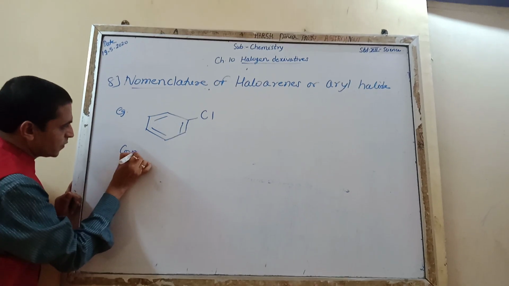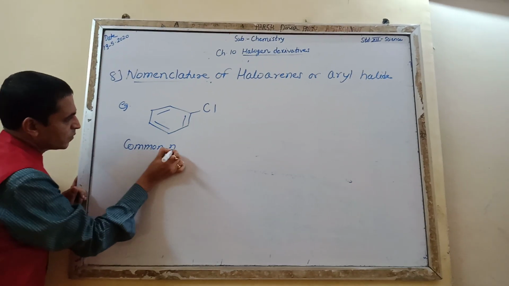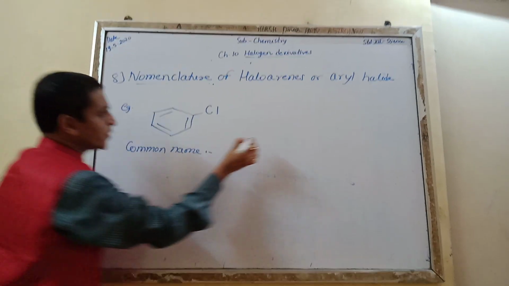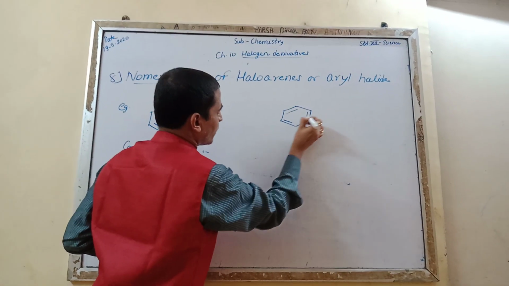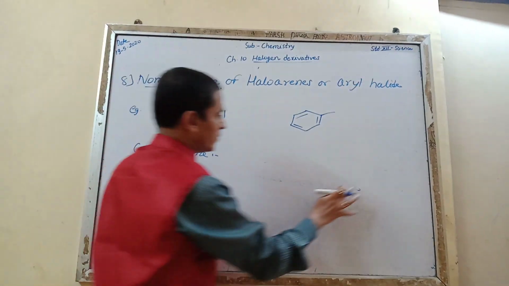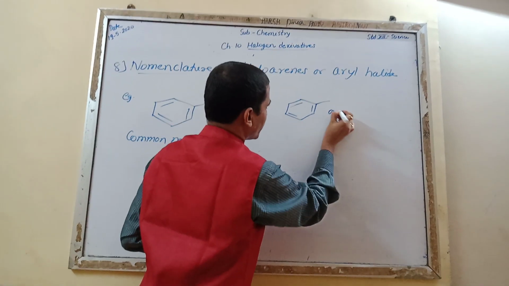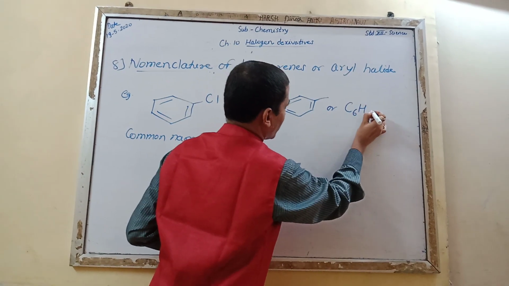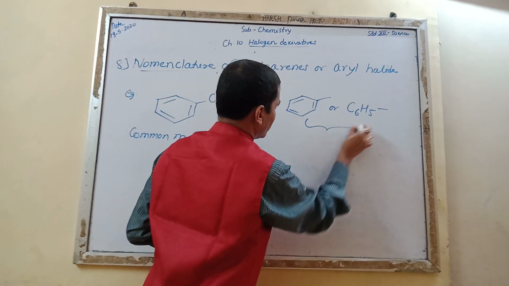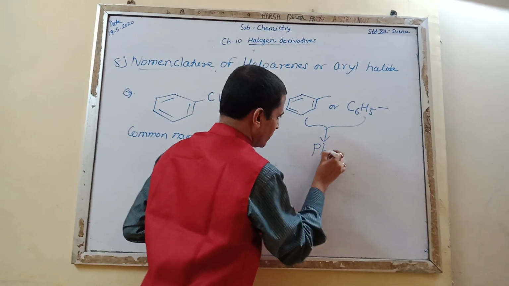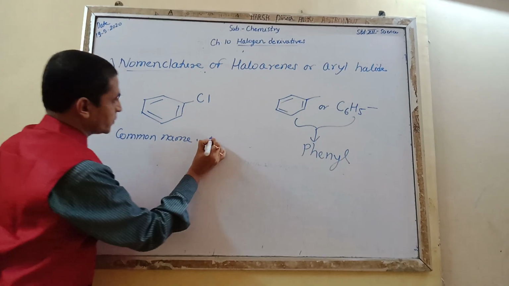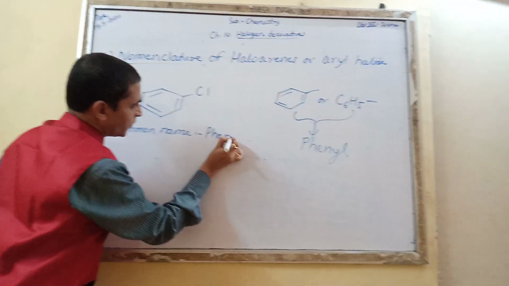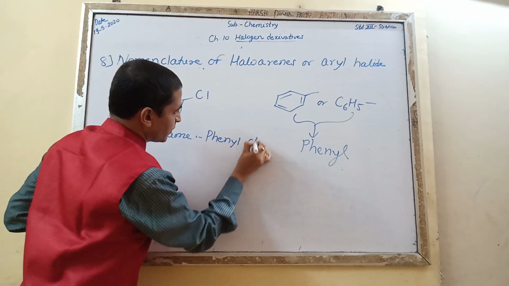So for this common name, again you remember the structure. Remember valency. This is called as what? Or we can say C6H5. This part is called as what? Phenyl. So its name is what? Phenyl chloride.